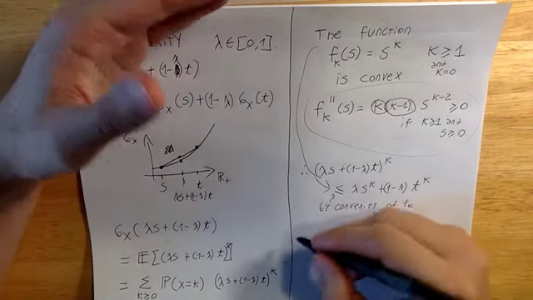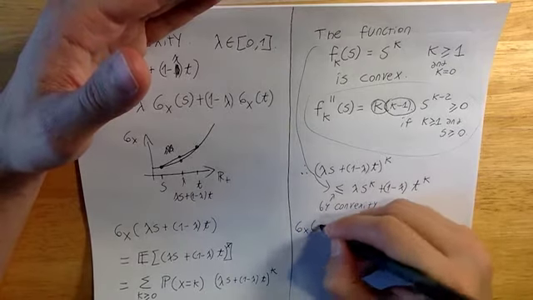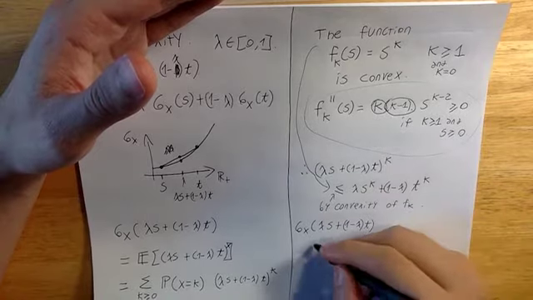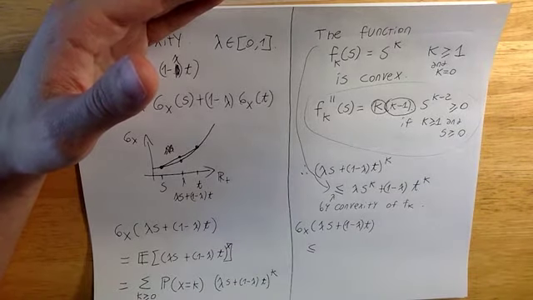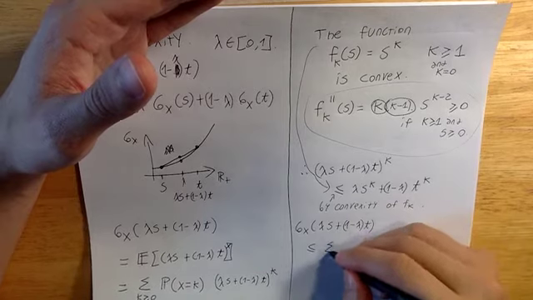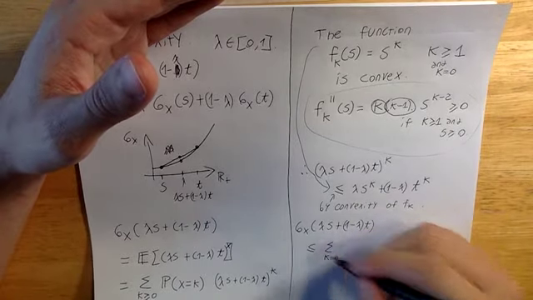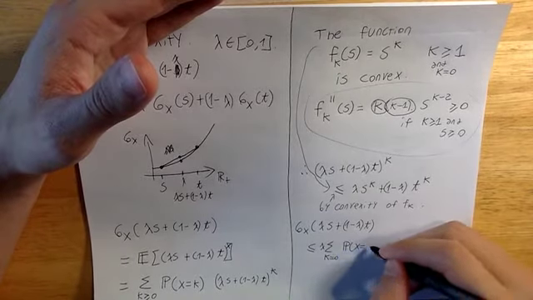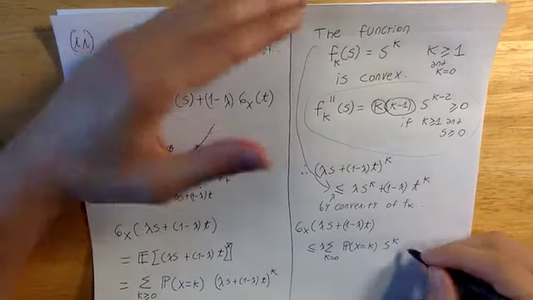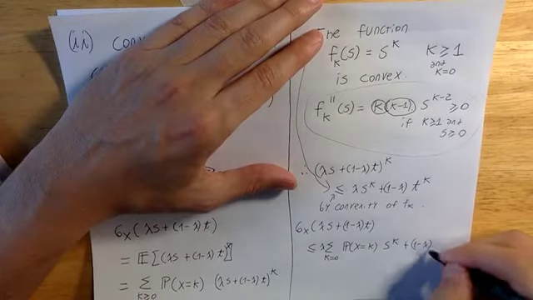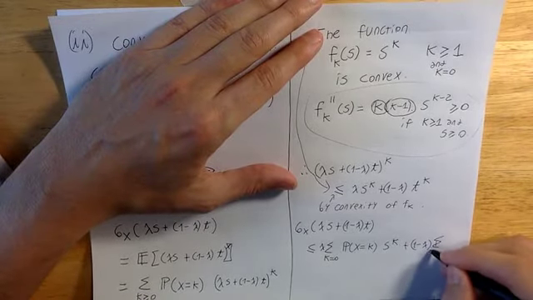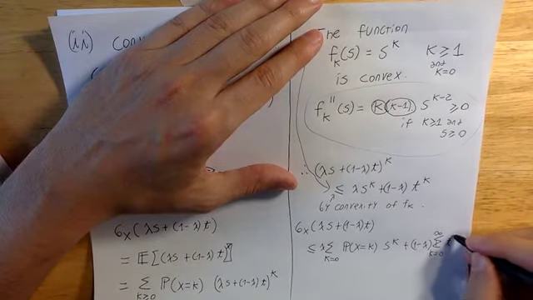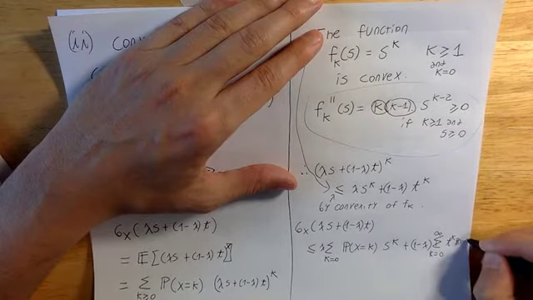Okay, so in particular, what we have is that g_X of lambda s plus (1 minus lambda) t is going to be less than or equal to the sum over k equals 0, and here I'm going to put the lambda outside, lambda times the sum of the probability that X equals k, s to the k, plus (1 minus lambda) times the sum from k equals 0 up to infinity of t to the k times the probability that X is equal to k.